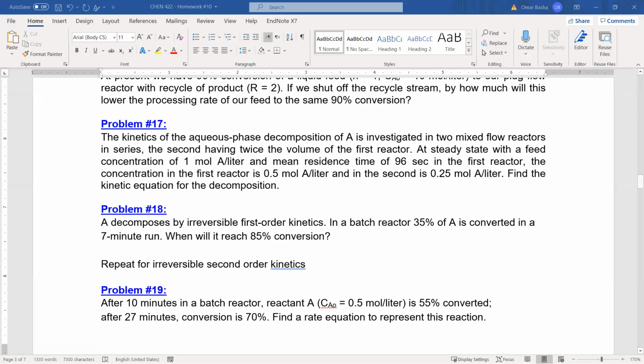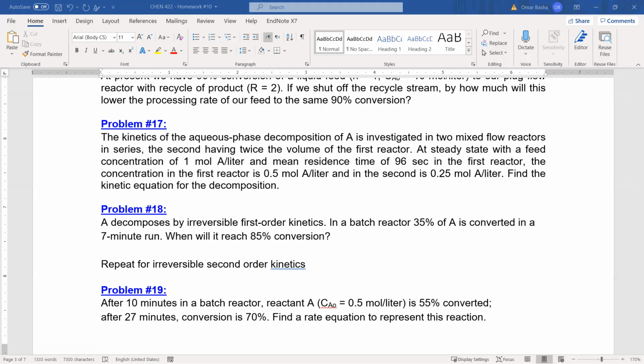Okay, let's go back. Now we are doing, okay, let's do number 17. The kinetics of the aqueous phase decomposition of A is investigated in two mixed flow reactors in series, the second having twice the volume of the first. So I have two CSTRs in series, the second one is twice as big as the first one.